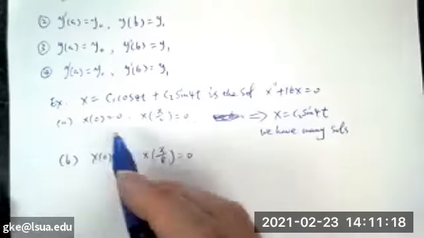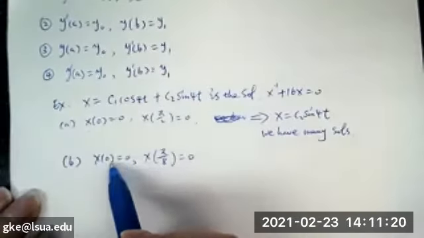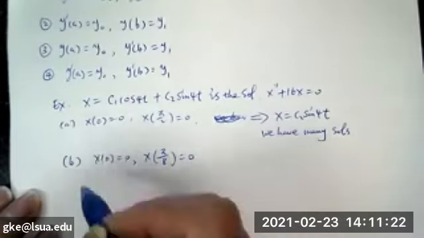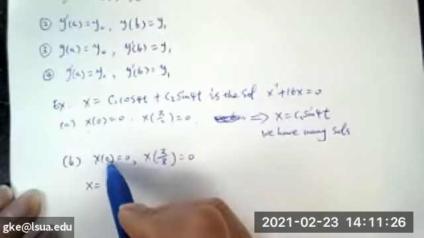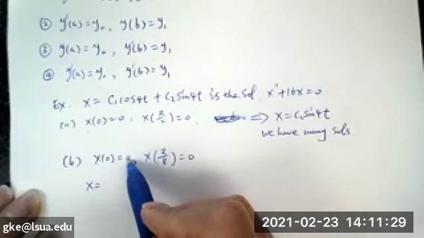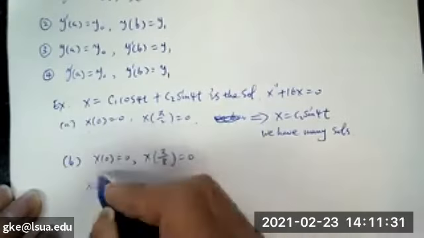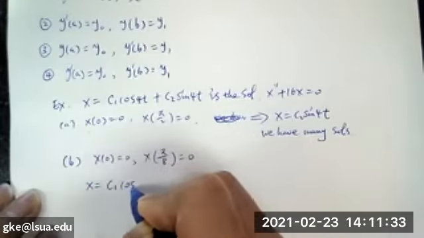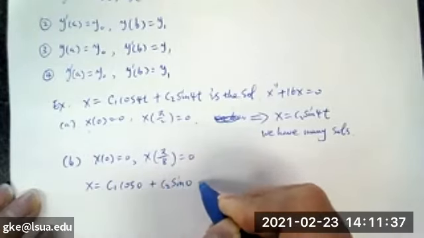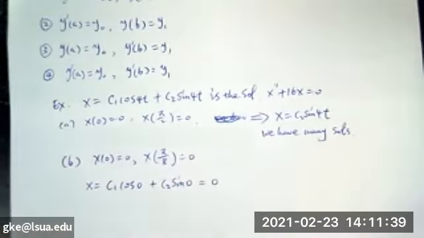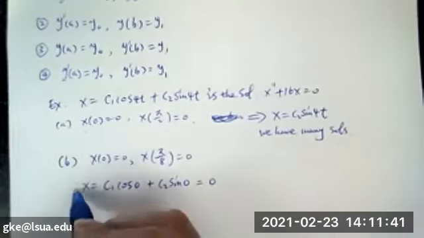The first thing we're gonna do is plug in the first condition to here. The first condition is when t equals 0, x equals 0. Right? So you can plug in t equals 0. That's the first condition.